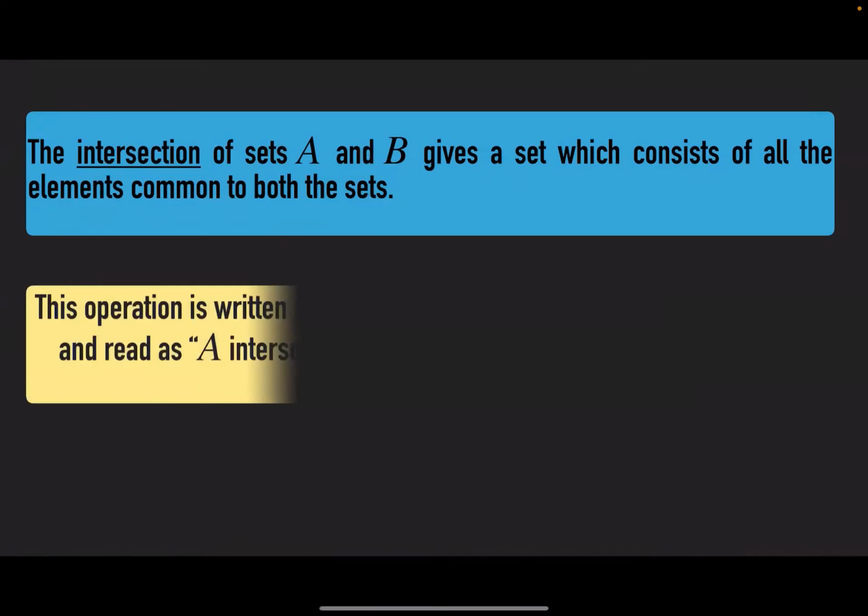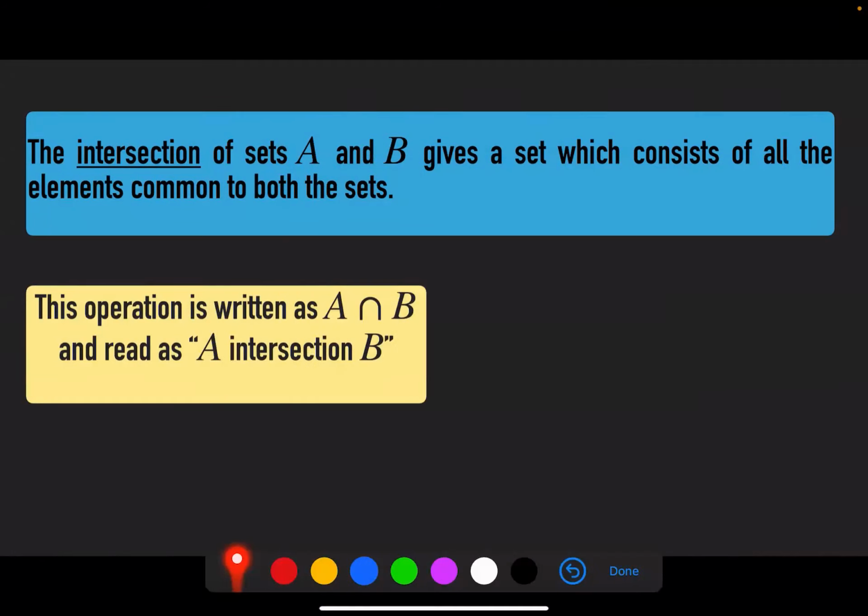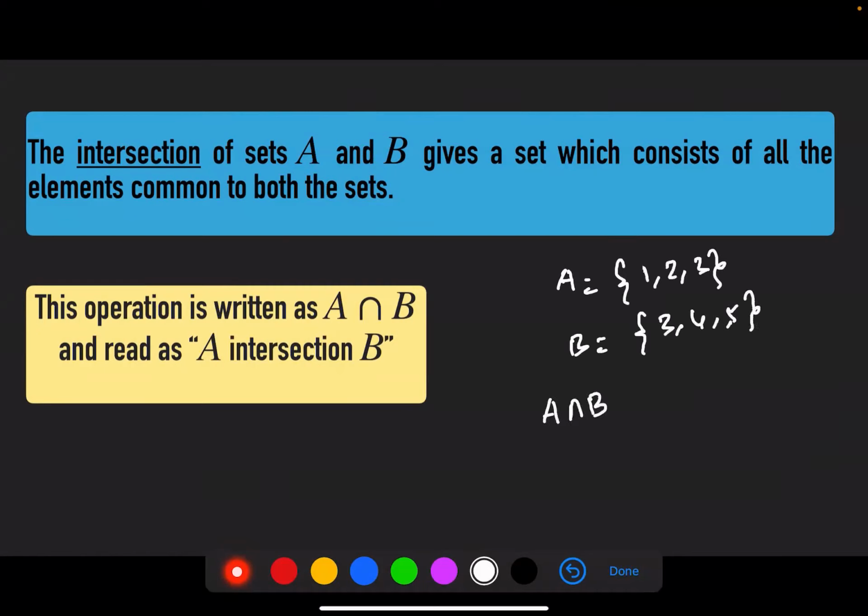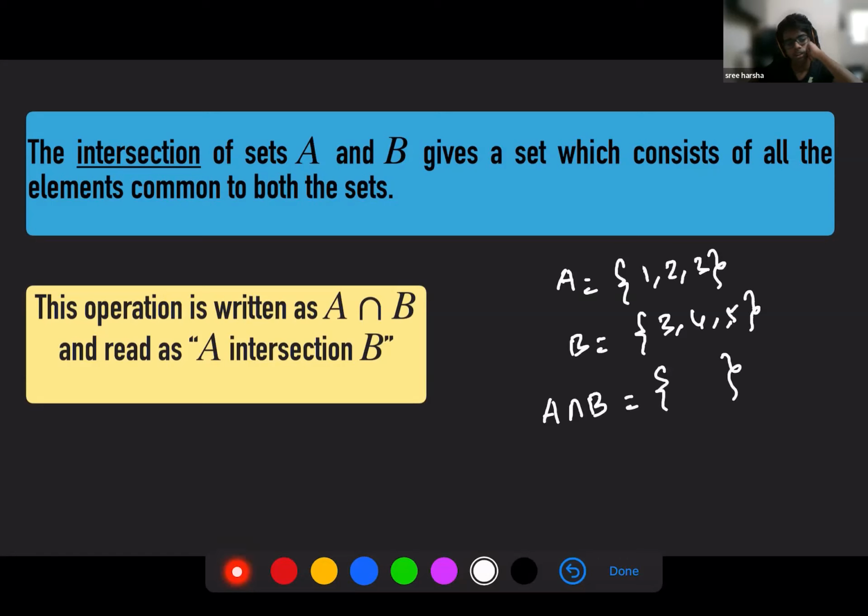This operation is written as A intersection B. If I take that same simple example, set A is 1, 2, 3 and set B is 3, 4, 5. When you do this operation, what do you think you will get? You'll get 3. So that's the A intersection B set. I think this should be easy to understand, right?